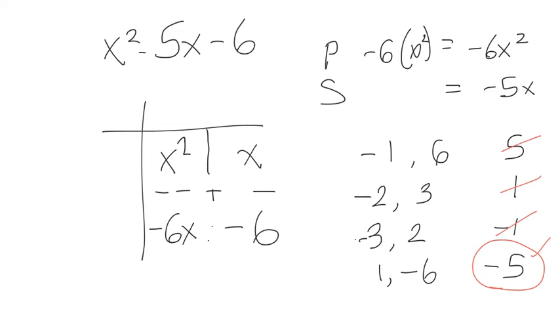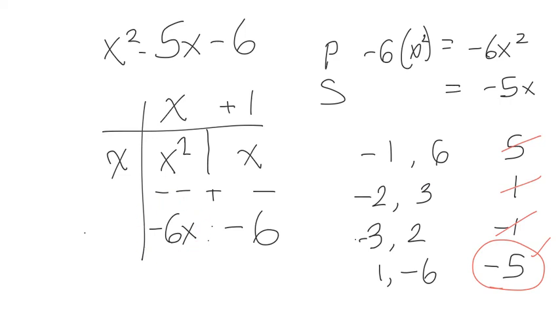So now to get the factors, again, I just work backwards and I say, what terms multiply to give me x squared? Well, that's going to be x and x. What thing multiplies by x to give me x? Well, that's got to be 1. What thing multiplies by x to give me negative 6x?